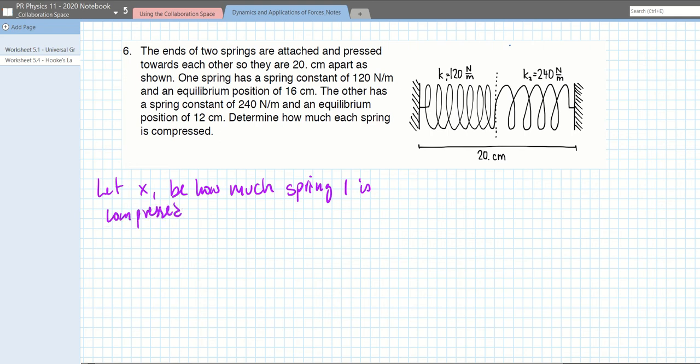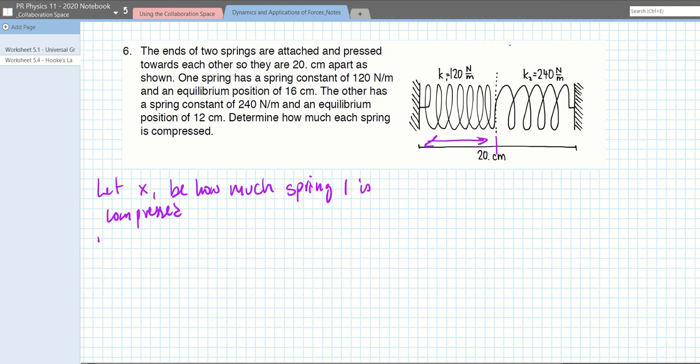Okay, so then we know if you take the rest or equilibrium position of 16 centimeters, 16 minus whatever this is, x1, is going to be the position on the diagram, right?